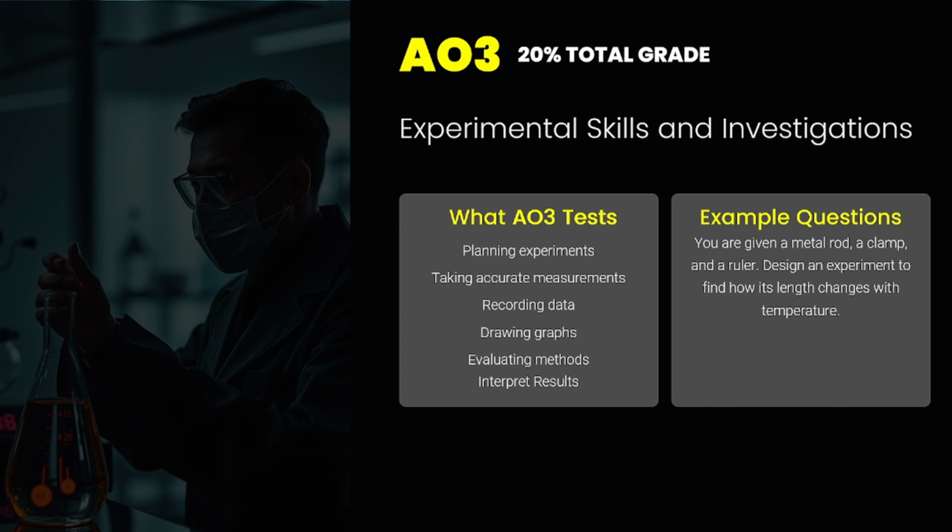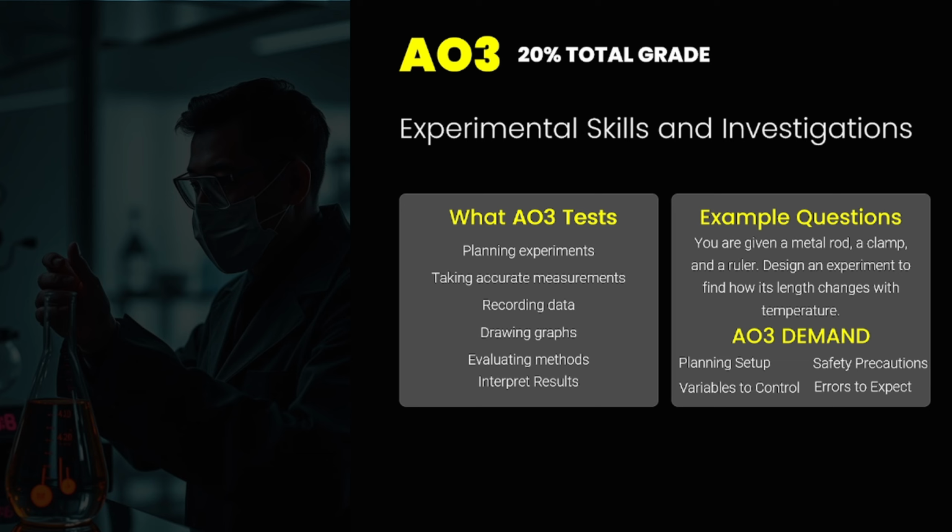Design an experiment to find how its length changes with temperature. AO3 expects you to describe a setup, state how you would use readings, mention variables to control, suggest safety precautions, and maybe even what errors to expect, like expansion being too small to measure easily.